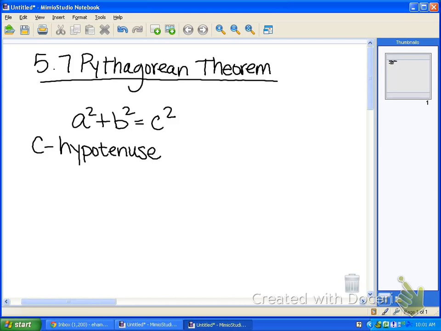if I give you this triangle right here, how about you guys do this and we'll see how well you remember the Pythagorean theorem. So here's your little triangle.